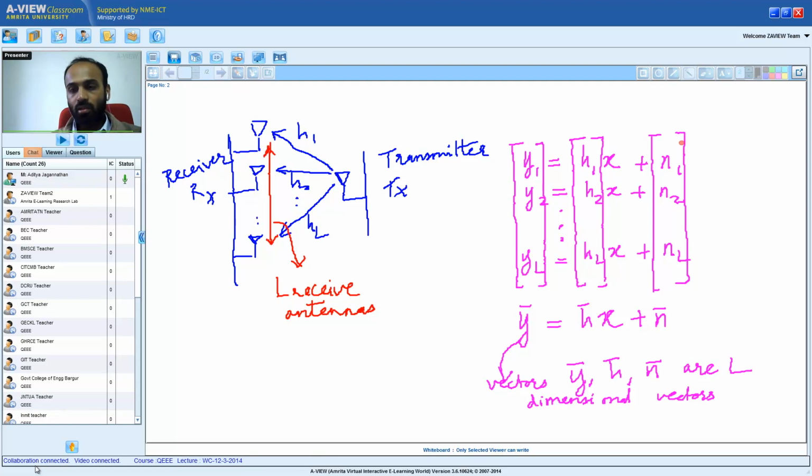Also we are assuming that the noise components N1, N2 and so on are additive white Gaussian noise components with mean 0 and power sigma square.